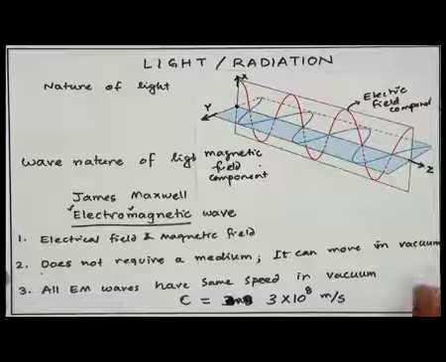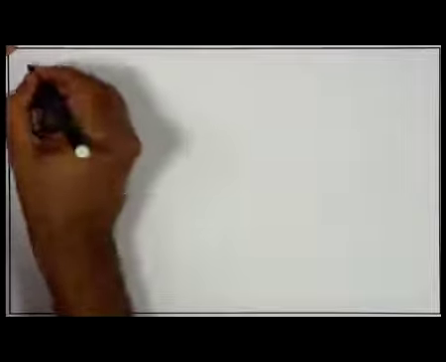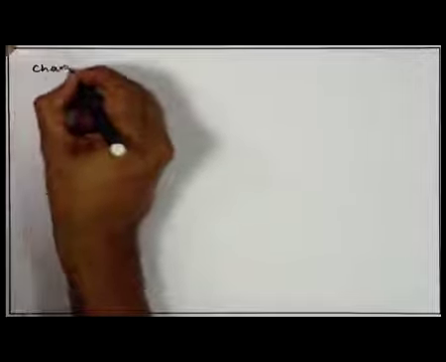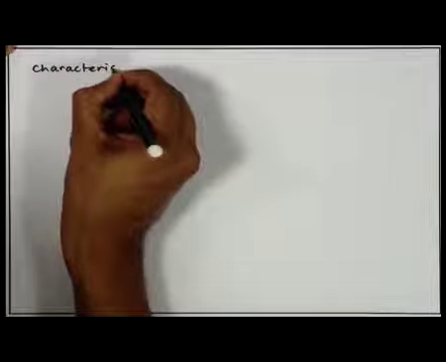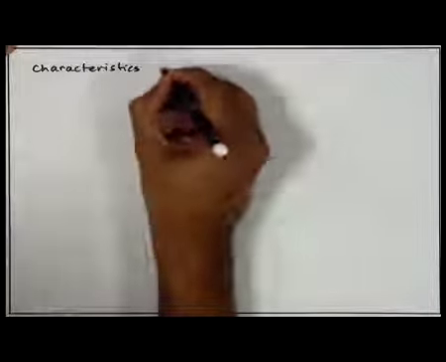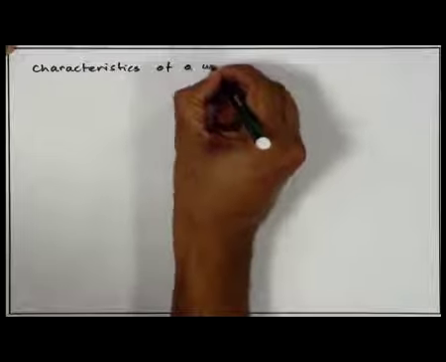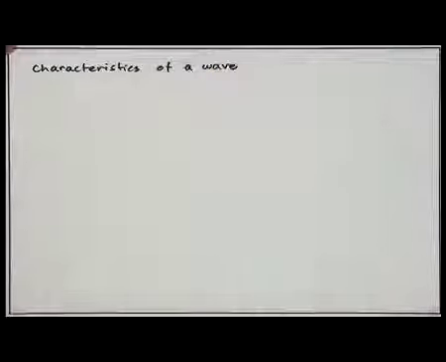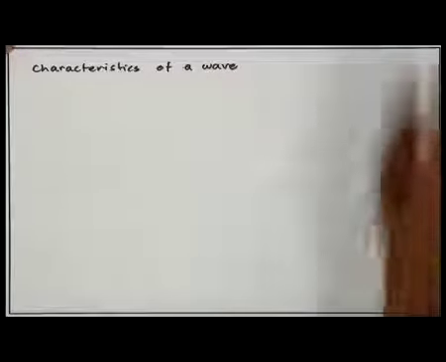Next, we will discuss some properties or characteristics of a wave, because we are discussing light as a wave. So, we will spend some time on the characteristics of a wave.